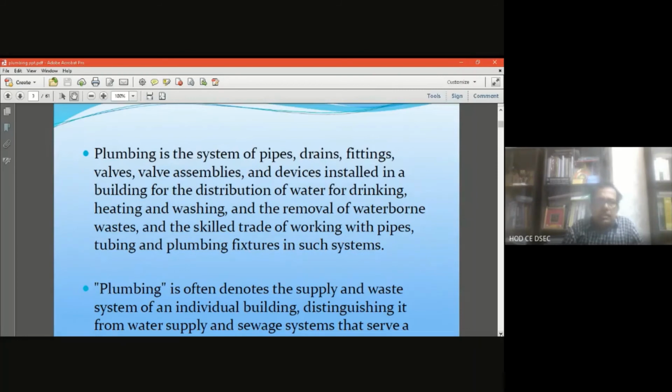So this is a very important branch of civil engineering, where civil engineers must be acquainted with this specialized subject, the plumbing of your environmental engineering, which you have to construct for completing your building.